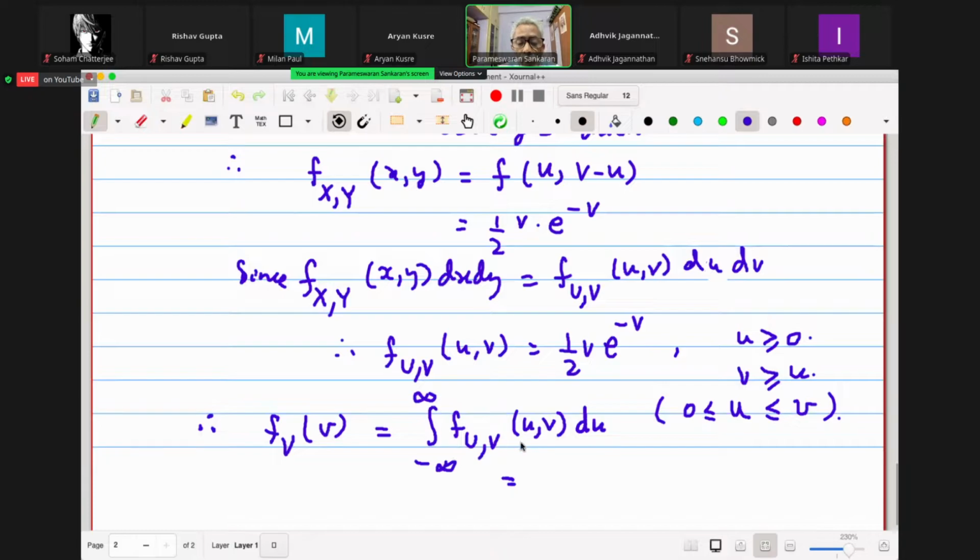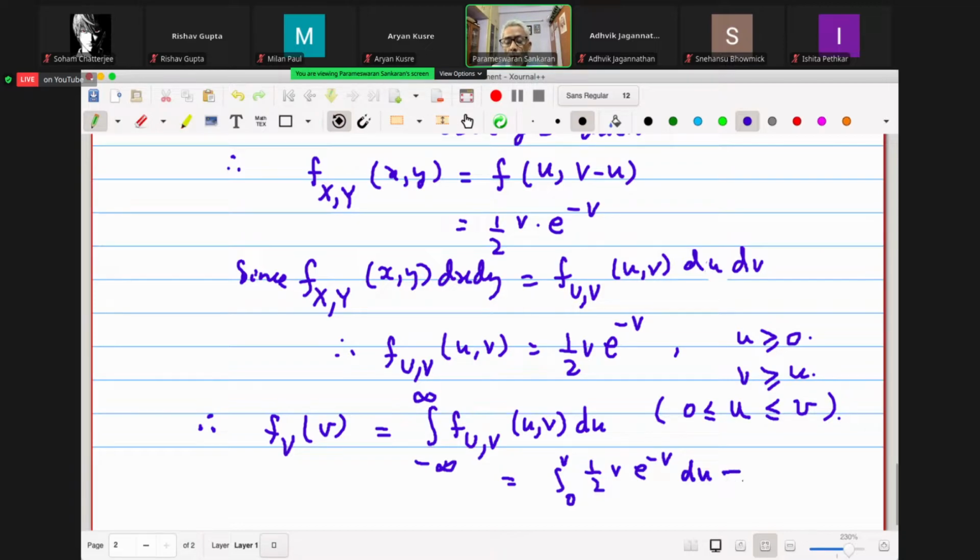But it is perfectly okay to write it. The convention is that outside of this range, the function is 0. So it becomes 0 to v. And then here, 1 half v e power minus v. And the integration is with respect to u.